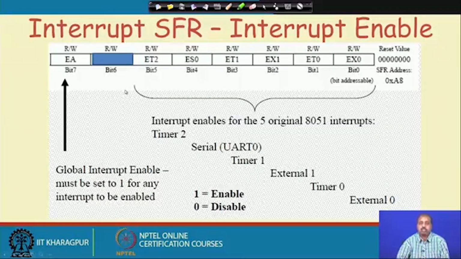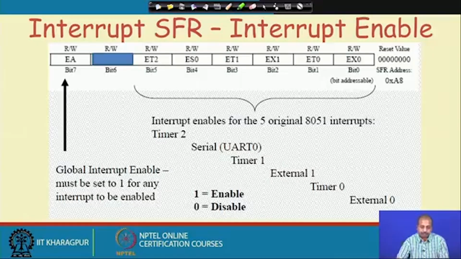There are some special function registers that are useful for these interrupts. The first special purpose register that we will look into is called interrupt enable. This interrupt enable register has 8 bits, out of which bit number 6 is not meaningful. It is not documented what the purpose of this bit is, so as far as the user is concerned, we cannot do anything with this particular bit.